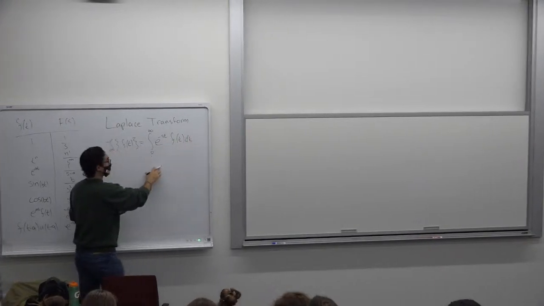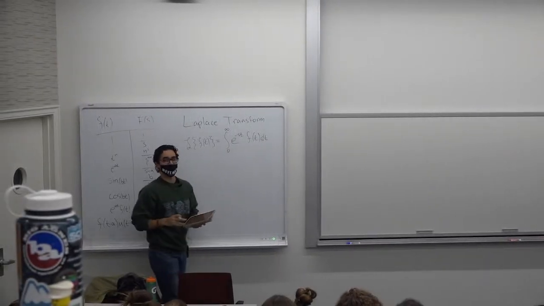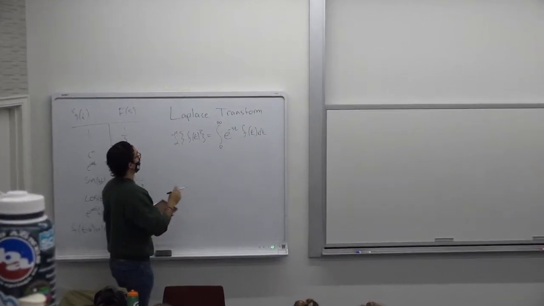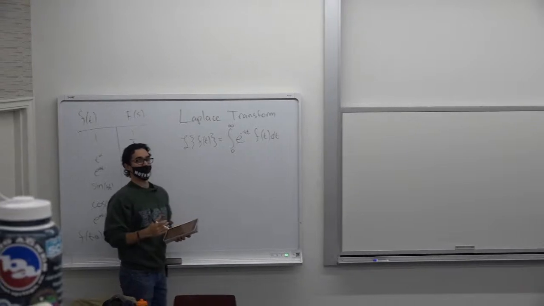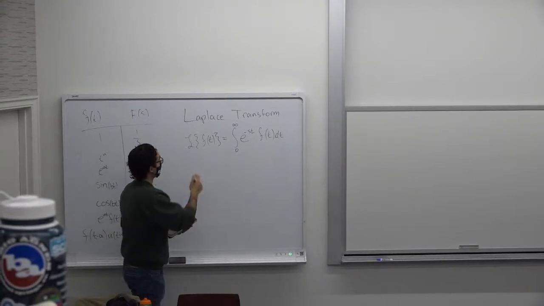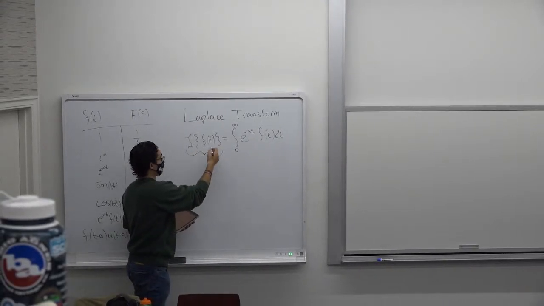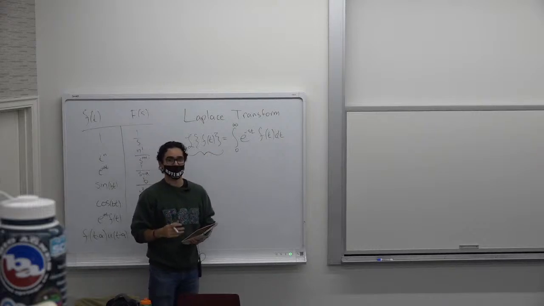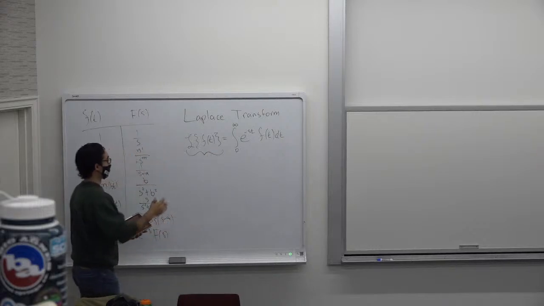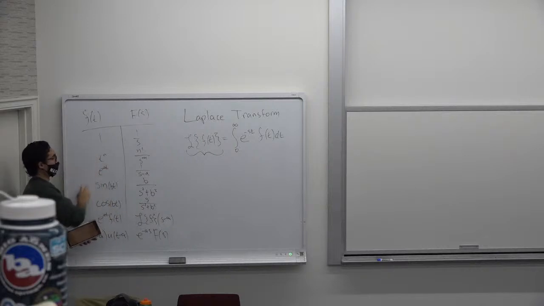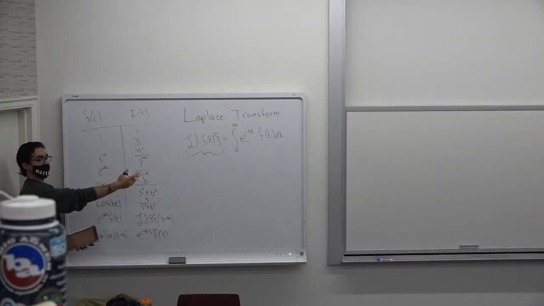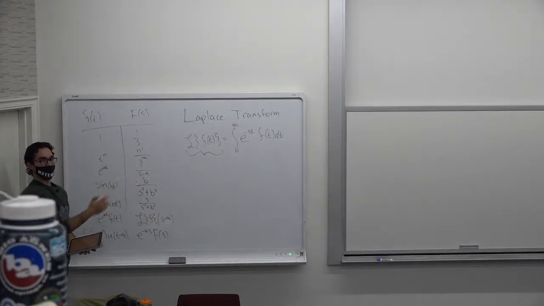In a problem like this, it'll usually give you a piecewise function or some function and say use the definition of Laplace to find L of f of t or L of y. These are super simple integrals. This is how we get all of our table here. We just plugged it in and people made a table so it's easier for us.